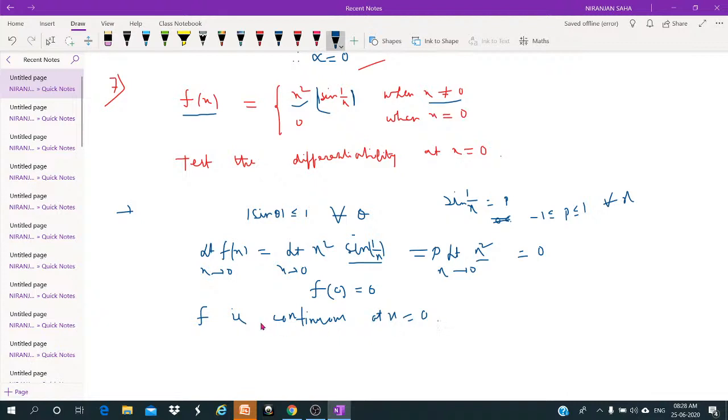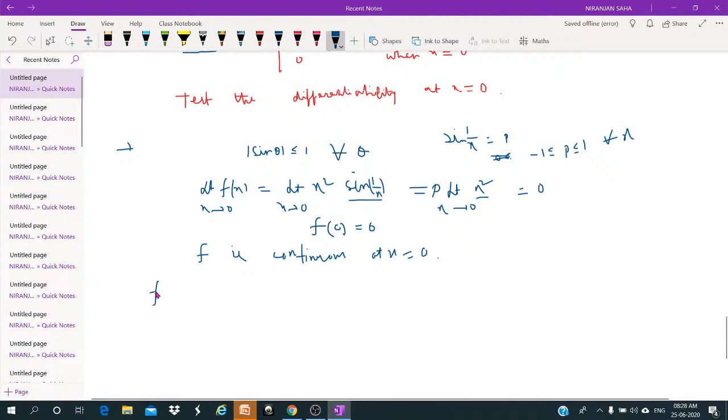Now, if we consider the left hand derivative of f(x) at the point 0, it will be the limit as h tends to 0 of f(-h) minus f(0) by h. What will be the value as h tends to 0?